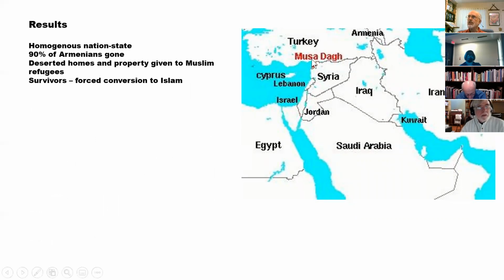This map shows where Musa Dagh is, right on the coast here. What happened in Musa Dagh is that the people of the village of Musa went up to the mountain rather than face deportation. And for 40 days, they held out against various Turkish forces. A number were killed, and then quite a few were rescued by the French Navy here.